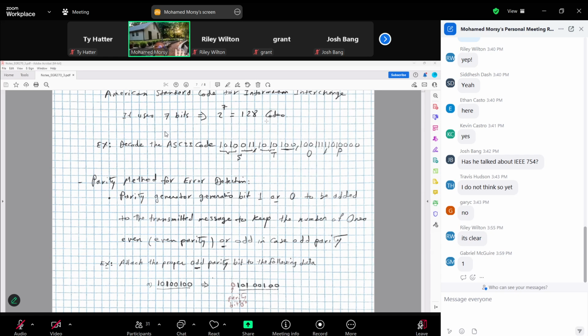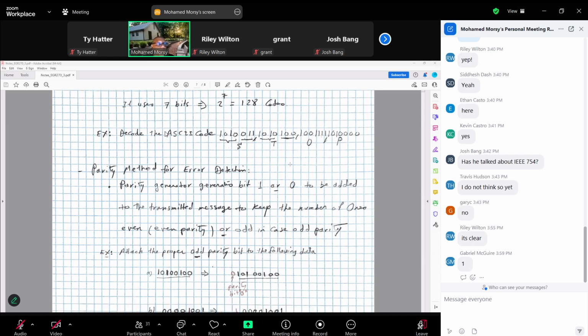And we talk about 7 bits here. So we divide this code into groups, starting from the right to the left, and each group is 7 bits. So 1, 2, 3, 4, 5, 6, 7, one group, then next group, then next group, then next group.